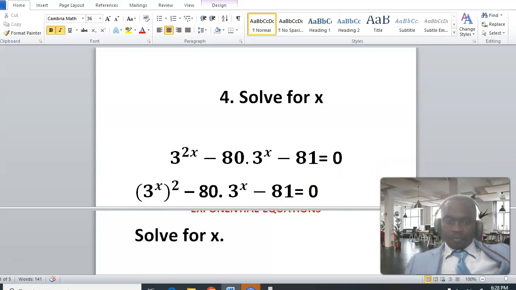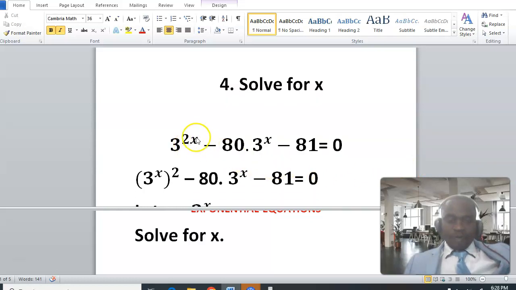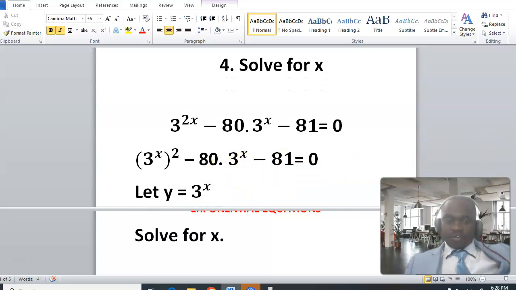Now, first we need to rewrite this one. 2x is the same as x times 2. Remember, the whole of this 2x is an exponent. So this is the same as 3 exponent x, bracket means what? Times. So 3 exponent x times 2 minus 80.3 exponent x minus 80 equals to 0.